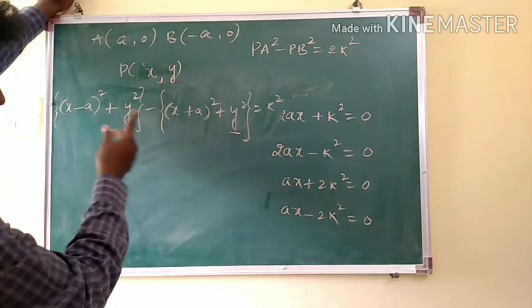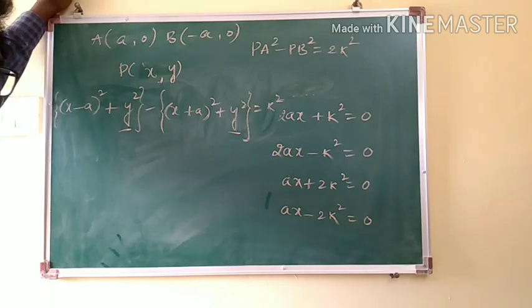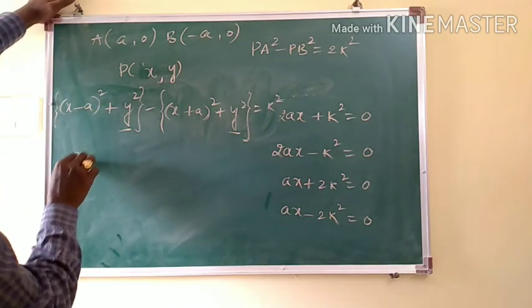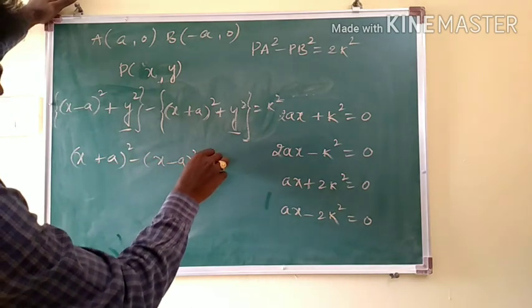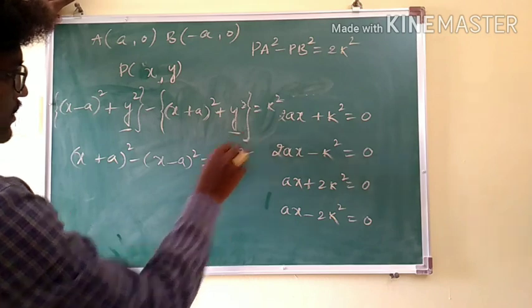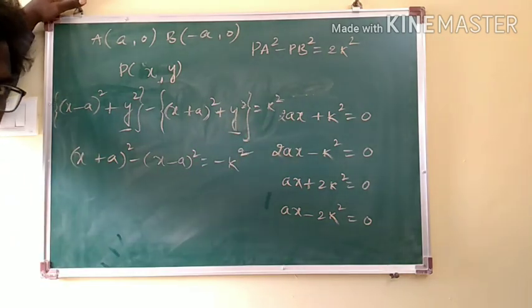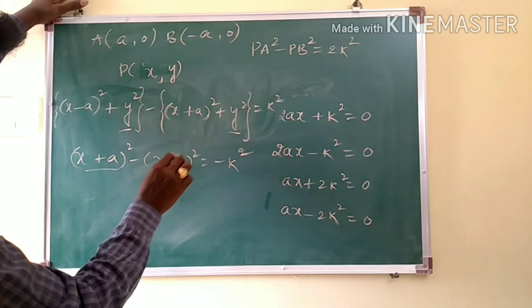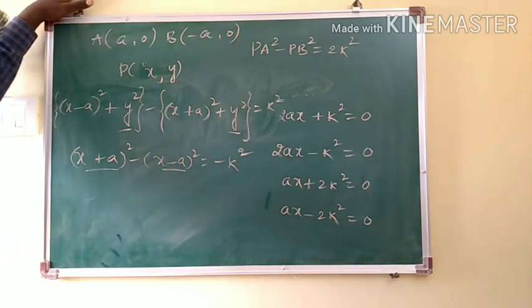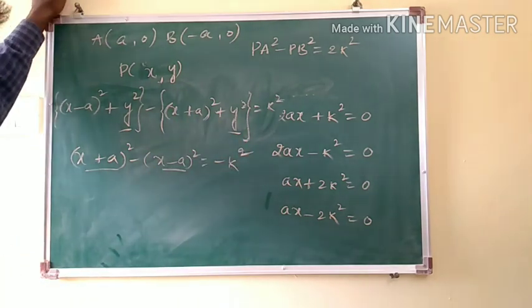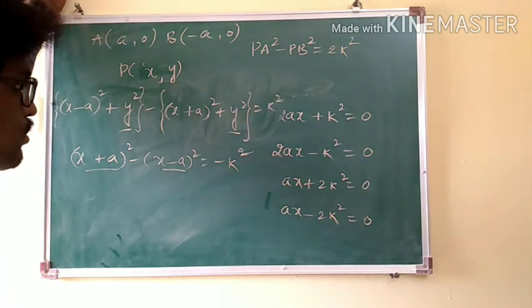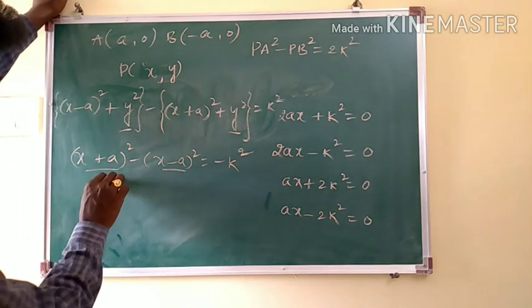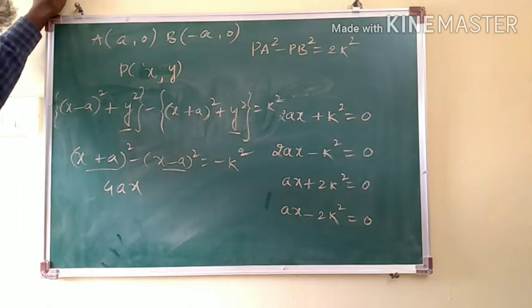So we can write it like this: x plus a whole square minus x minus a whole square is equal to minus k square, multiplying by minus on both sides. What is a plus b whole square minus a minus b whole square? A plus b whole square plus a minus b whole square is 2 times a square plus b square, but a plus b whole square minus a minus b whole square is 4ab. Nothing but you will be getting 4ax.